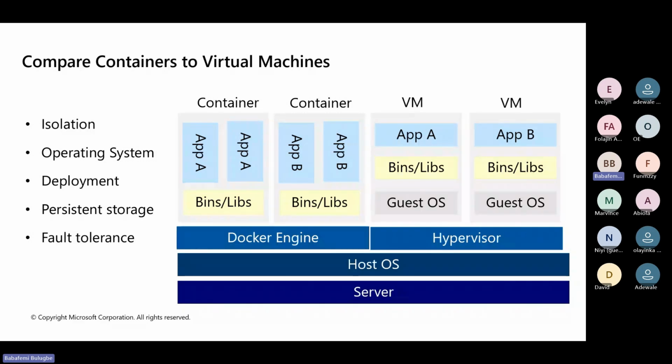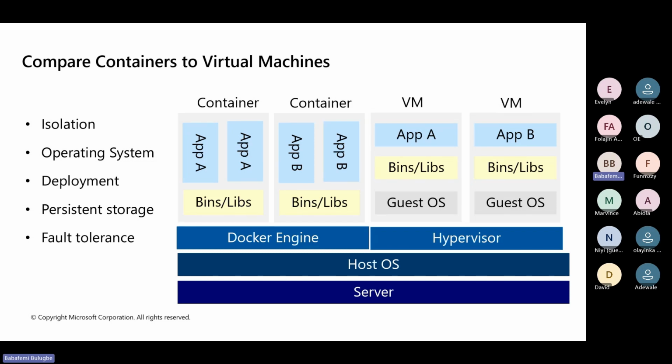So after the traditional way of hosting our application comes what we call virtualization, where instead of hosting just one application on one server, you want to host multiple applications on that particular server. But how do you do it? You cannot just host them directly. You need to create multiple virtual machines, and on each virtual machine, you now host each of those applications.